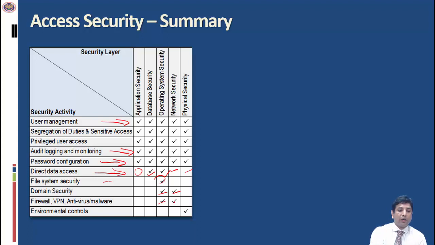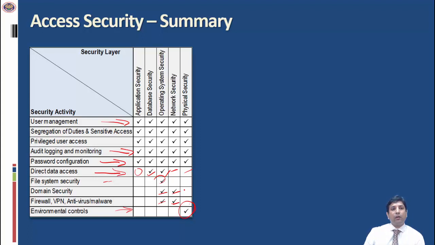Firewalls and VPNs are relevant more at the network security layer, as these relate to remote access to the internal network from a remote site. And finally, environmental controls or environmental security is relevant only to the physical layer, where the physical protection of information systems or the IT infrastructure is relevant only at the physical security layer.